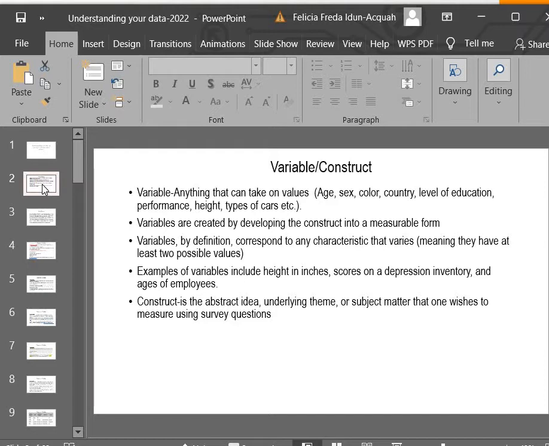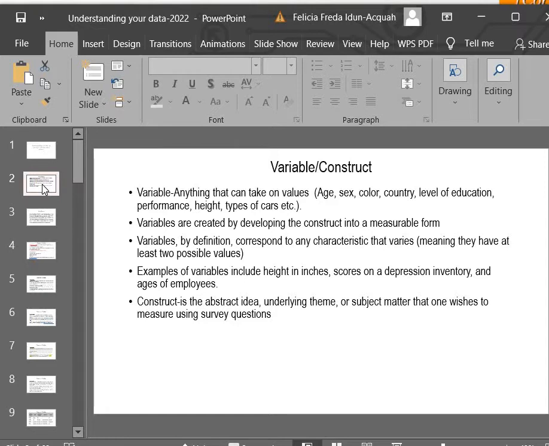Customer satisfaction can be measured in diverse ways, and therefore it amounts to what we call a construct. For instance, I can look at their satisfaction with the price, with the quality, with the content, with the branding, with the brand name, and all those things.